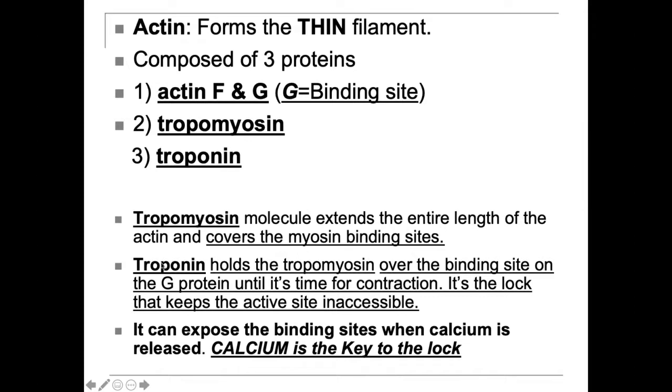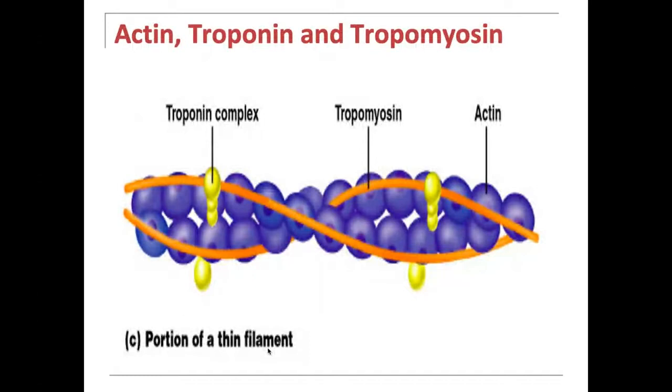The troponin, I said, think of it as the staple that's going to hold the tropomyosin over those G proteins or those G molecules. Now, what is the staple remover? We think of calcium as the key to the lock. It's going to remove the troponin, so tropomyosin shifts, the binding sites are exposed, and myosin can make its contact.